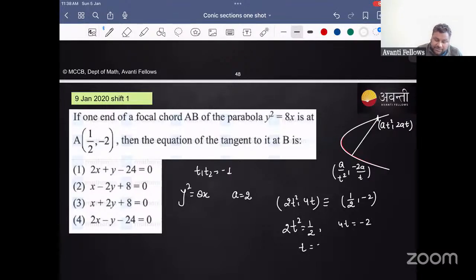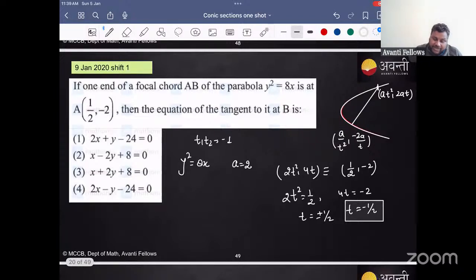So t is minus half. Got it? So if t is minus half, parameter at point B will be 2 because t1 t2 is minus 1. So point B will be 8 comma 8.